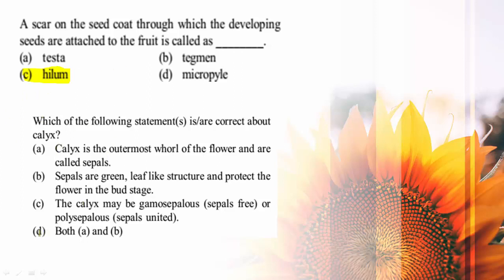Option B is the right answer, because calyx is the outermost whorl of the flower and the units of the calyx are called sepals. Usually sepals are green in color. They protect the flower when it is in bud condition. Sometimes when the petals of the flower are colorless or non-attractive, in that case the sepal may get attractive color.